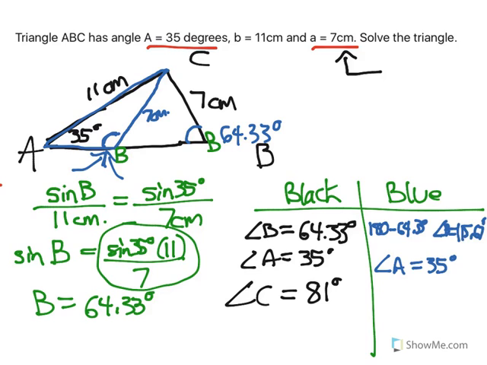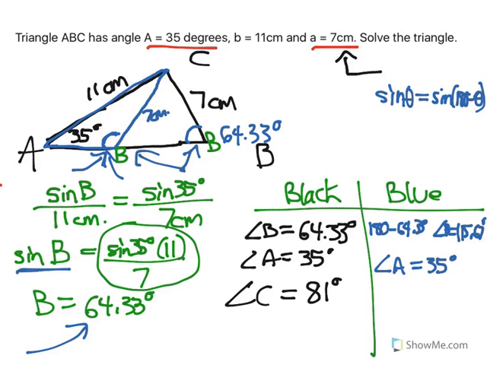And that should make sense because we know the rules for sine. Sine of theta is the same as sine of 180 minus theta. So it doesn't matter that when we do that inverse sine in the calculator, it's always going to kick out the acute angle, but the answer is also valid if we do 180 minus. And you can see that because these two angles here share a line.